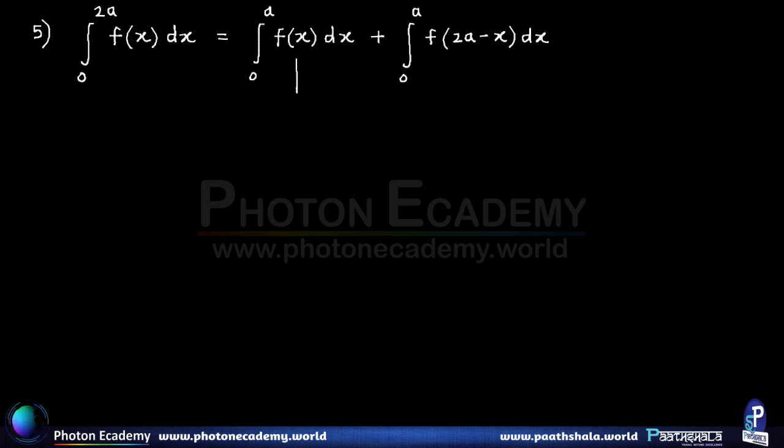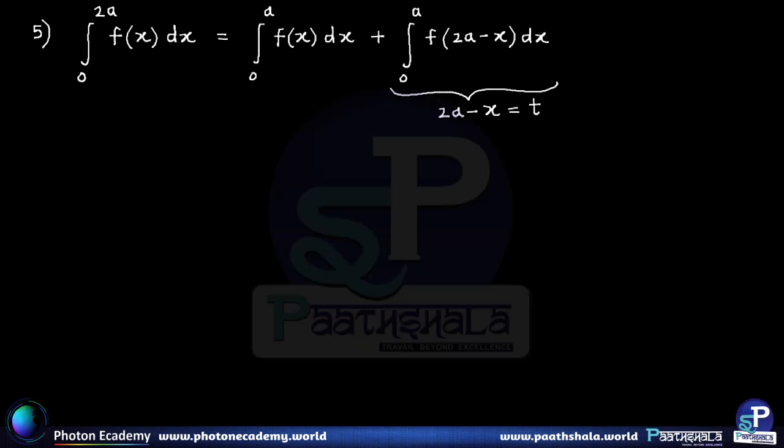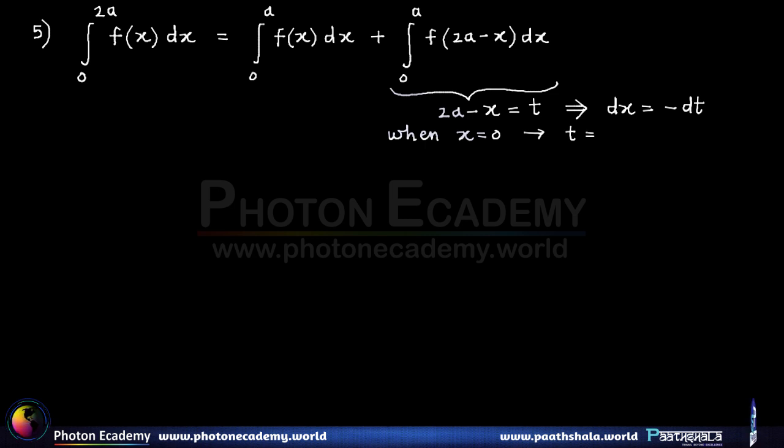Now to prove this, we start off with the second integral on the right hand side. Okay, and we use the substitution, that is, let us put 2a minus x is equal to t. So that clearly gives us dx is equal to minus dt. Now when x is the lower limit, that is 0, here we have t is equal to 2a, because if you put x as 0 you will get t is equal to 2a.